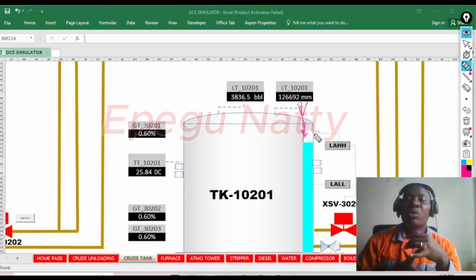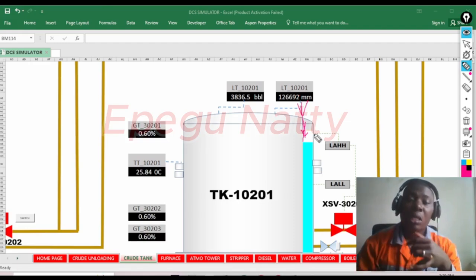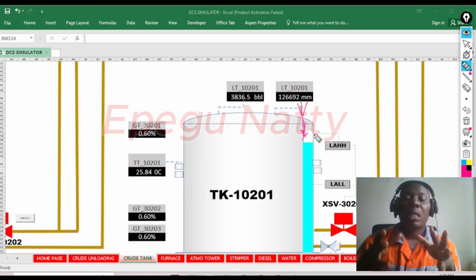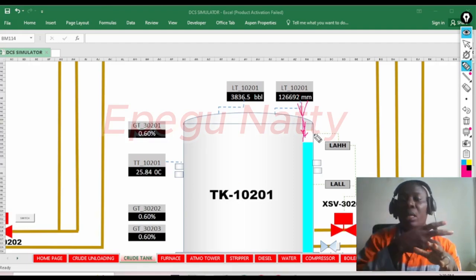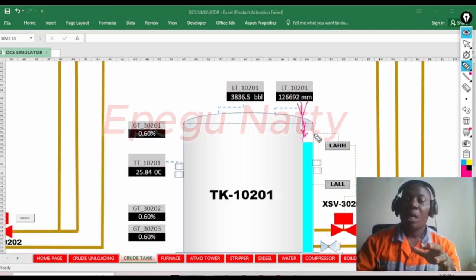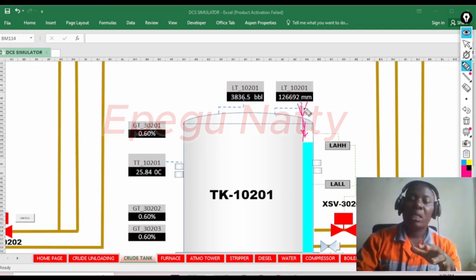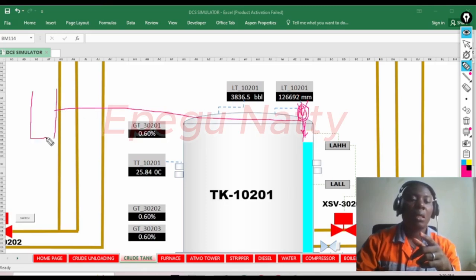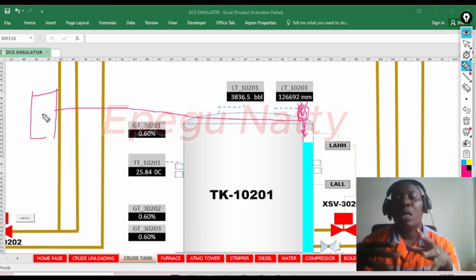Now number 2, I mentioned that we're going to have a logic solver. The logic solver is actually in the auxiliary panel, the E&I auxiliary panel. What happens is that when the transmitter here reads the value in the tank, it will send it to the panel. Now the logic solver is going to look at it.